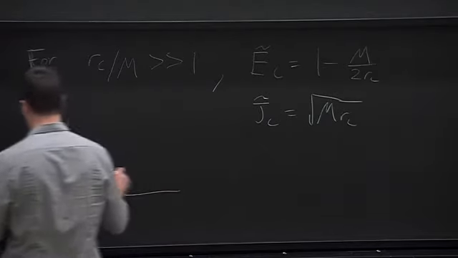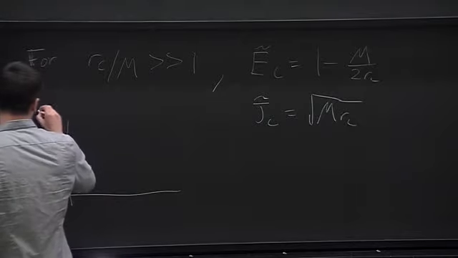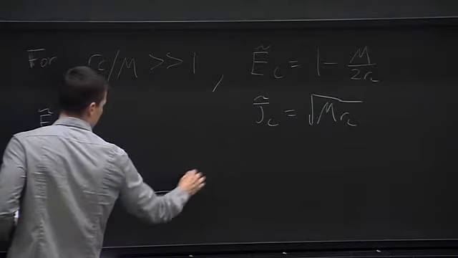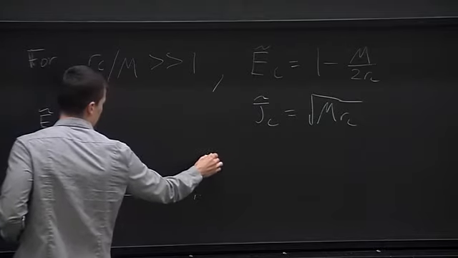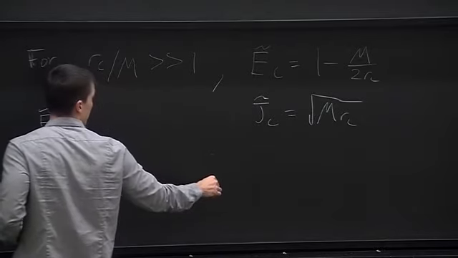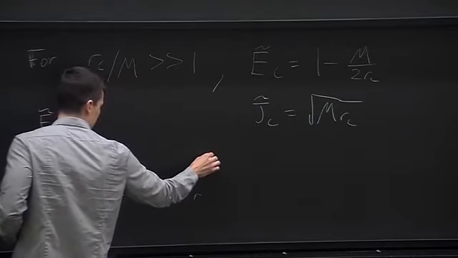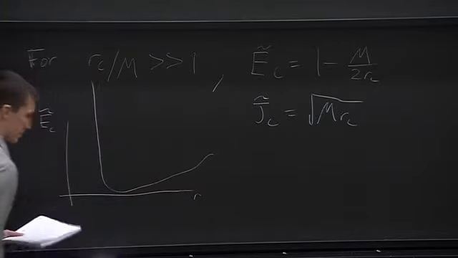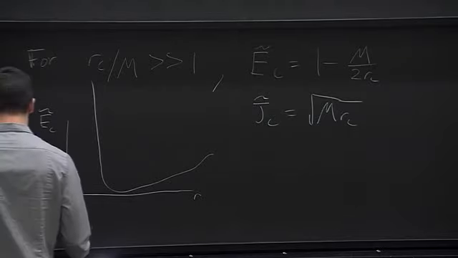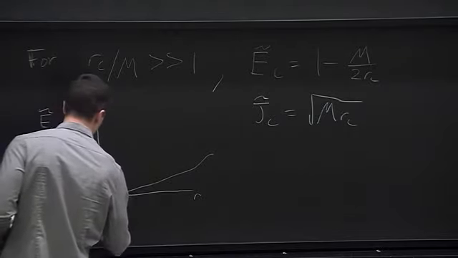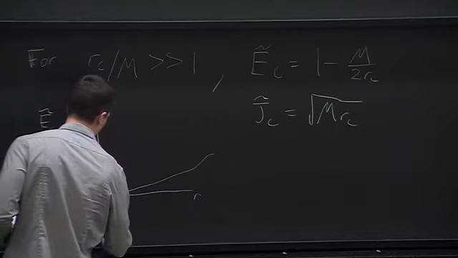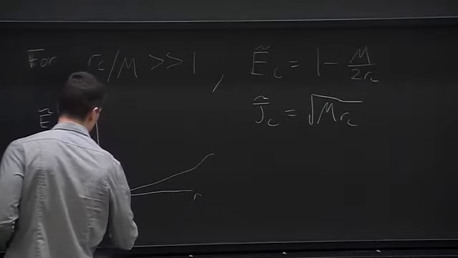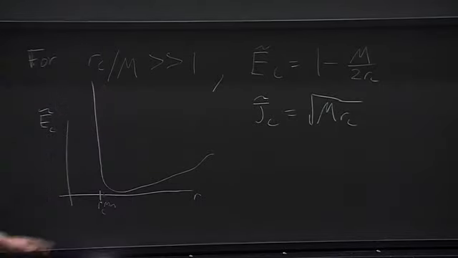So if we plot the energy of these circular orbits for large values of r, it's going to go like this: 1 minus M over 2 r_c, and then it'll actually reach a minimum, and then it'll start to blow up. And so let's call this value where it blows up r_c min, and we can see that this value is just determined by where this denominator goes to 0.